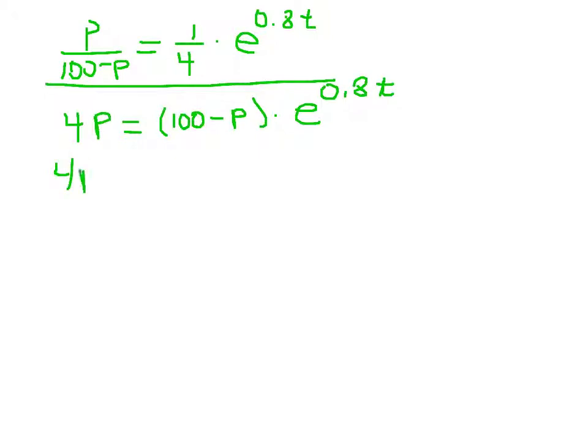4p is equal to 100 times e to the 0.8t minus e to the 0.8t times p.